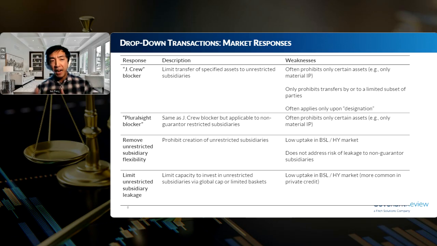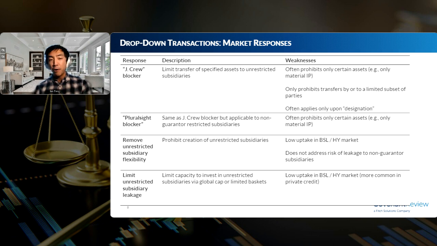The main response has been the implementation of blocker provisions, and specifically something called the J.Crew blocker. Now, conceptually, the J.Crew blocker is designed to prohibit transactions like J.Crew's by prohibiting the transfer of a specific type of asset to unrestricted subsidiaries.